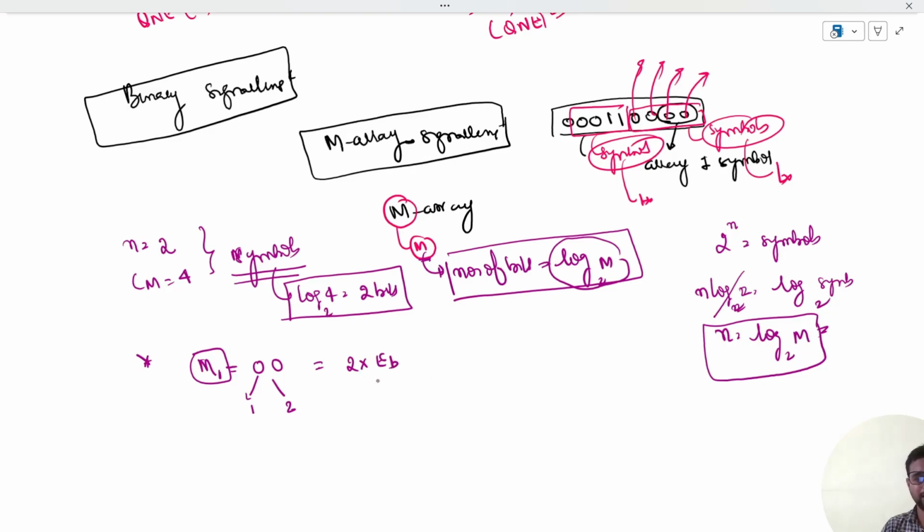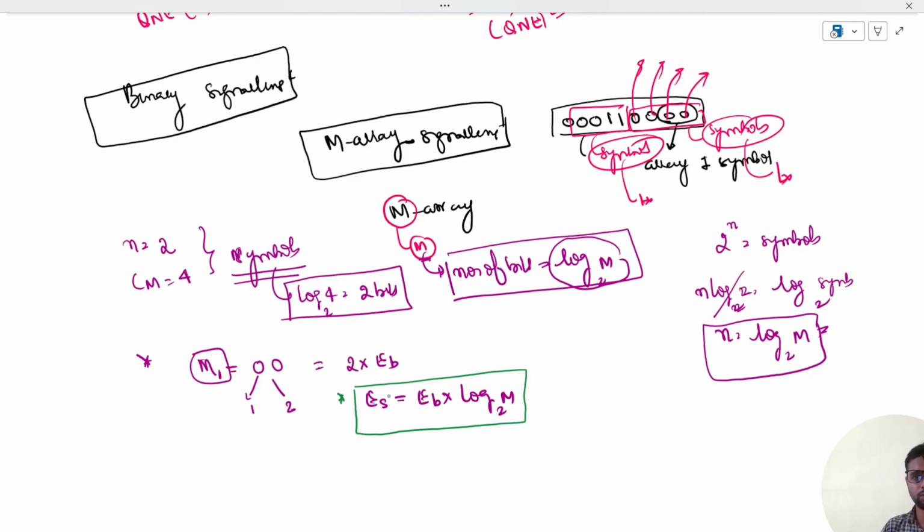Or we can say that the energy of this symbol, Es, is nothing but energy of bit multiplied by log base 2 M, where M represents the total number of symbols that we are transmitting. For M equal to 4, we are obviously getting 2 only. So this is the formula which you should remember.